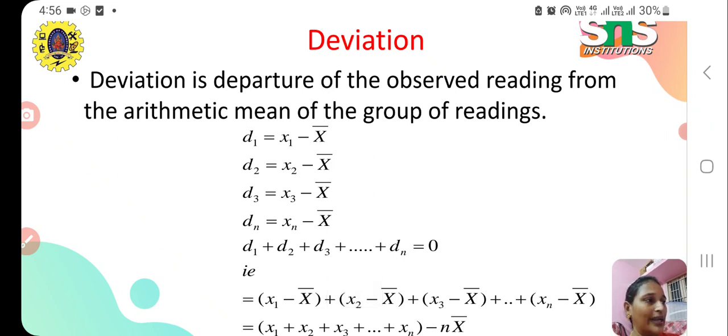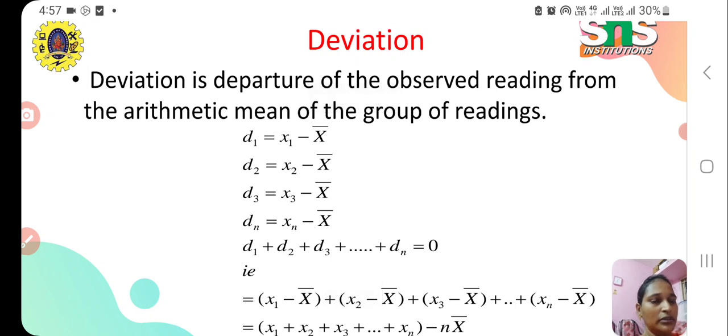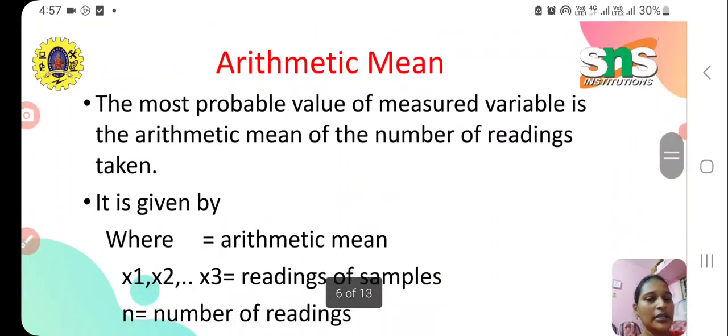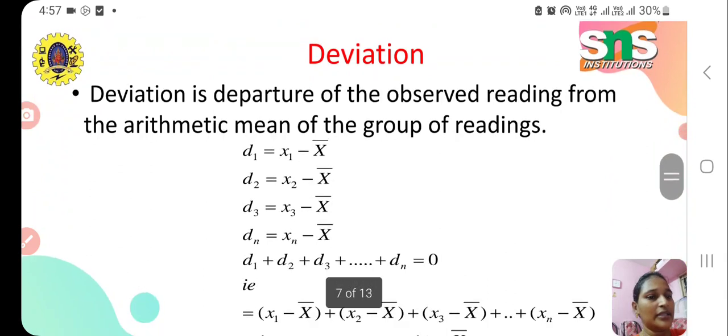Next is deviation, arithmetic deviations. I hope you could relate the mathematics topics with the subject now easily. Deviation is the departure or the deviation from the actual value to the measured value. That deviation can be found from the arithmetic mean. For example, if I find the arithmetic mean, let it be some value, then deviation 1 will be x1 minus the arithmetic mean.